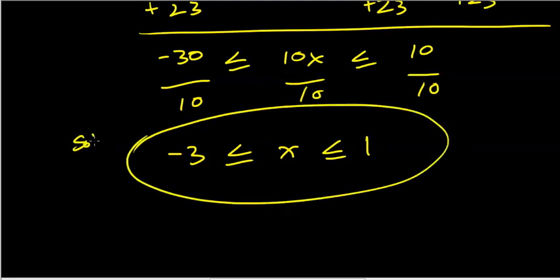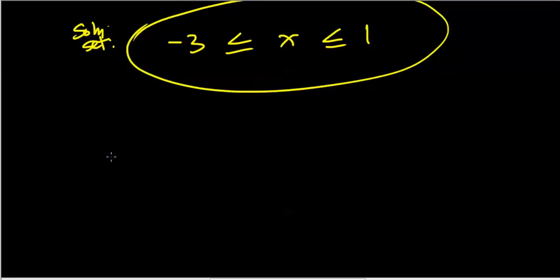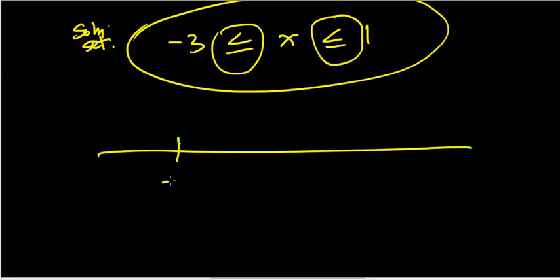Alright, so this is my solution set to this double-sided inequality. X is less than 1, and simultaneously x is greater than minus 3. Alright, so I can easily draw that. I really want all x values, all real numbers between minus 3 and positive 1.